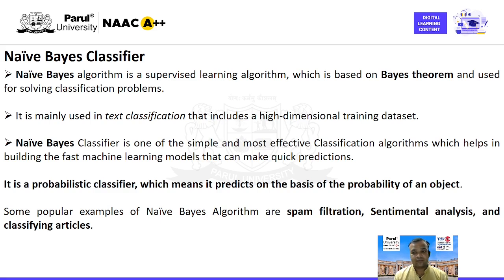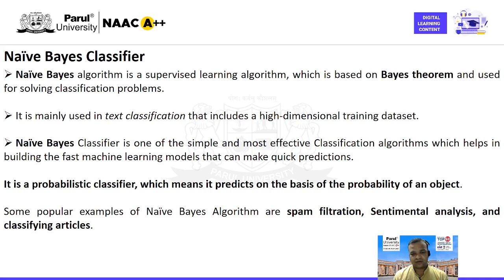Probability is also learned in 10th standard schooling time. I hope you all learned about probability in the 10th standard. We will discuss the formula of probability and Bayes theorem in the next slide.